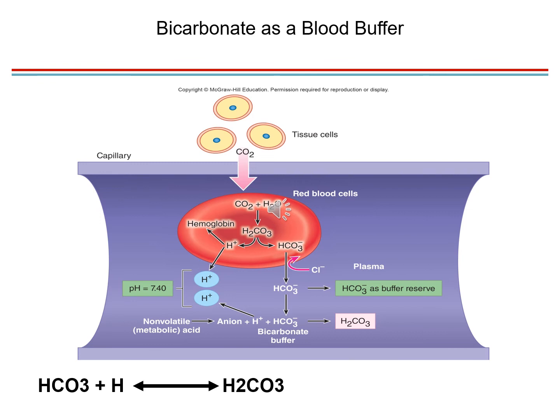Now keep in mind the chemical reaction that takes place at the bottom of this slide. When you read bicarbonate plus hydrogen produce carbonic acid, you see the arrow that goes back and forth. What does it mean? When carbon dioxide is converted into bicarbonate and hydrogen, most of the time it remains hidden in that molecule.